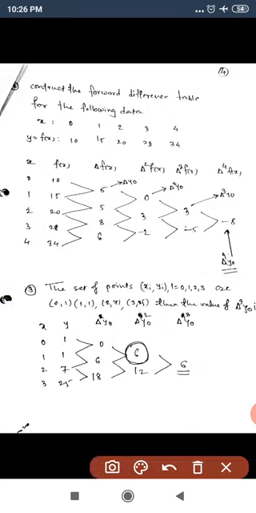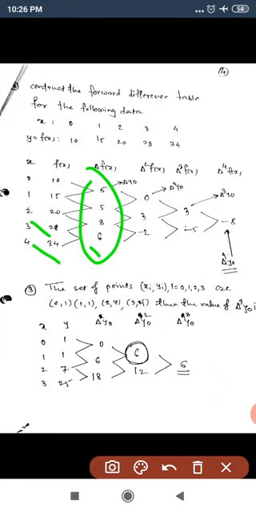Now first difference is what? First difference is 15 minus 10, which is 5. Then 20 minus 15 is 5. 28 minus 20 is 8. 34 minus 28 is equal to 6, which is the first difference.